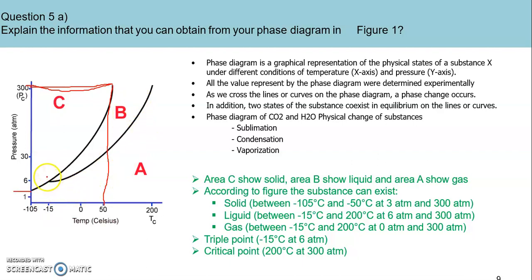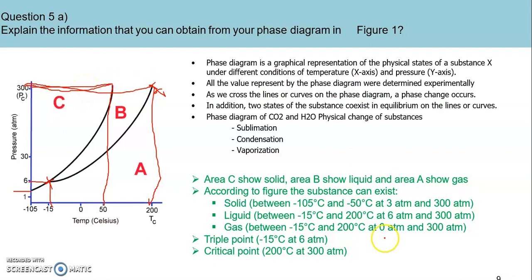So here is the triple point. Triple point exists when the condition is negative 50 degrees Celsius at 6 atm. So go to this one, and this is our critical point. Our critical point will be at 200 degrees centigrade and 300 atm.